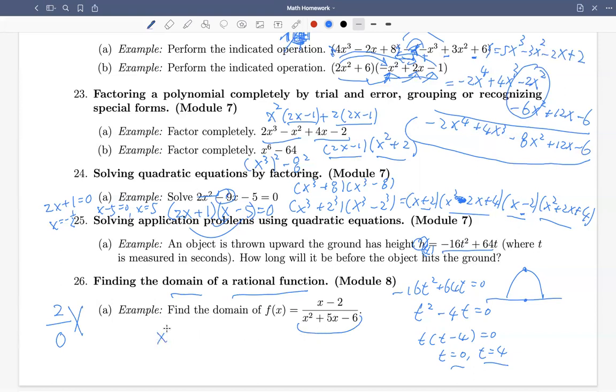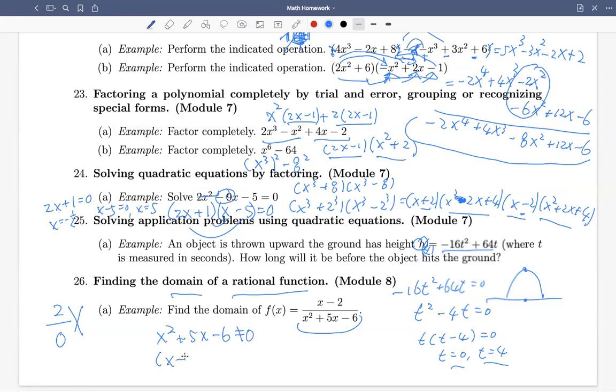So what do we do? We take the denominator, whatever it is, in this case x squared plus 5x minus 6. We say, okay, that cannot be 0. Because if this is 0, the denominator is 0, it does not exist in mathematics. So we set it not equal to 0. Now we try to solve this quadratic equation.